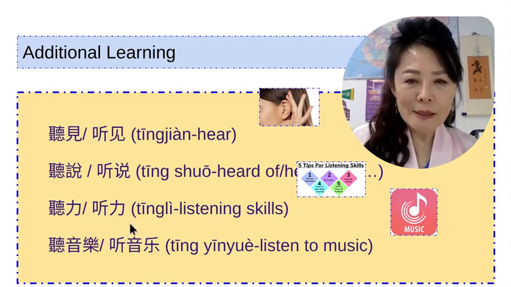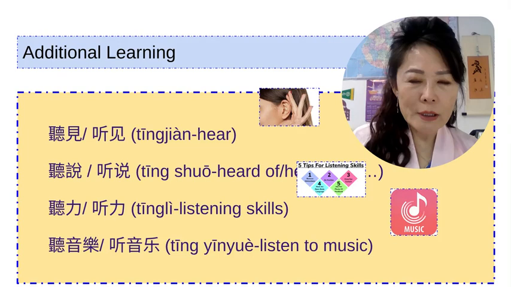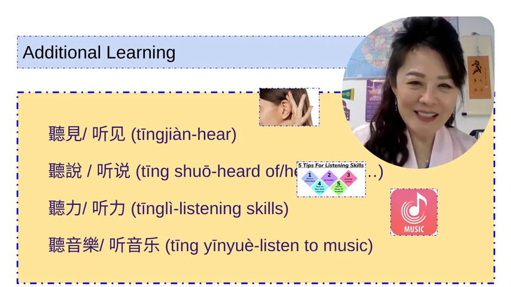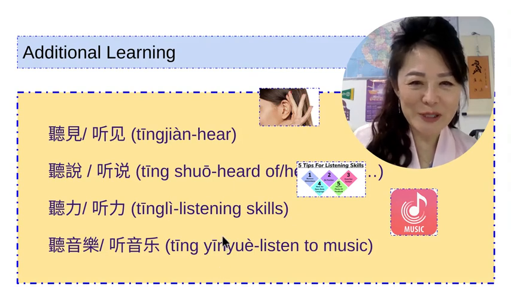听力 is listening skills, ability. You can say 我的听力不好，我听不懂中文. My listening skills are not that great, I can't understand Chinese. Or if you're learning English, you can say 我的听力不好，我听不懂英文. So you use 听力 to formulate some sentences.